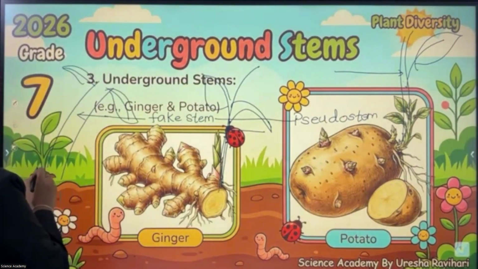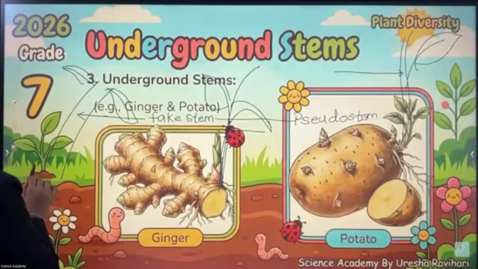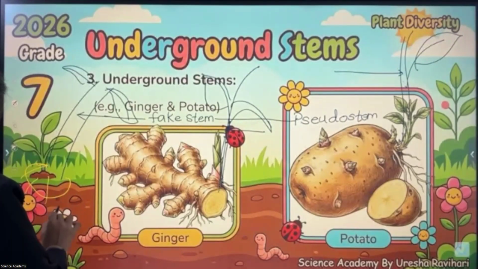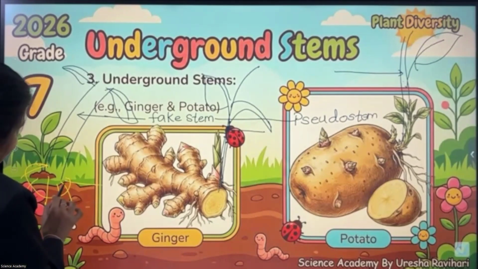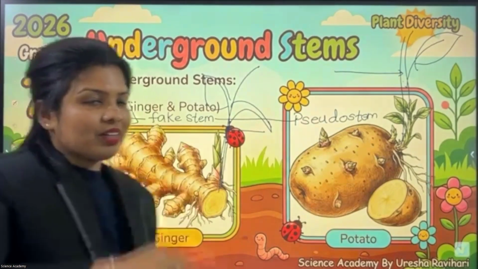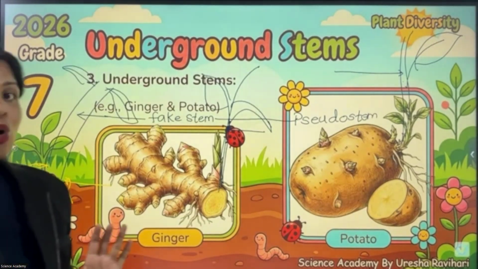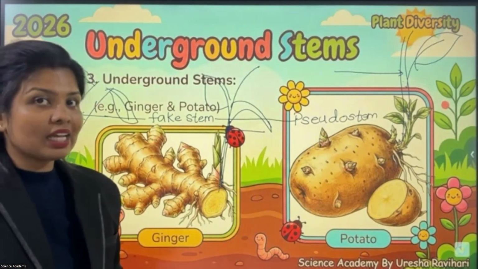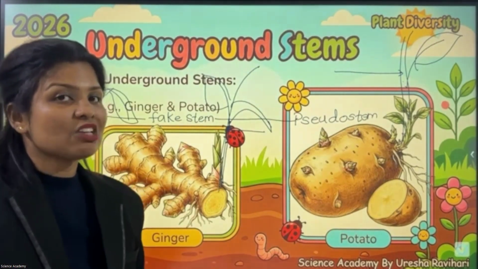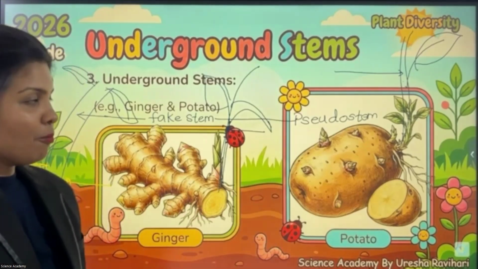The real stem is located underground. We can see it once uprooted: these are the roots, and this is the real stem underground. It has a globe-shaped part, called a corm. That much of information is not needed.